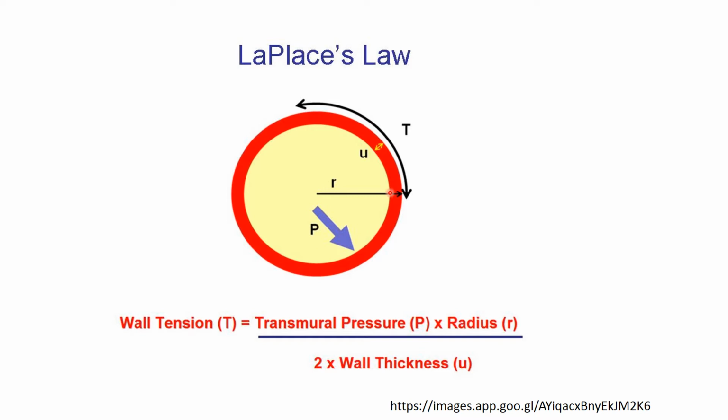So as an aneurysm grows larger and larger, the wall tension needed to contain the blood within that blood vessel is going to grow. Thus, your risk of rupture will increase and be directly proportional to the size of your aneurysm.